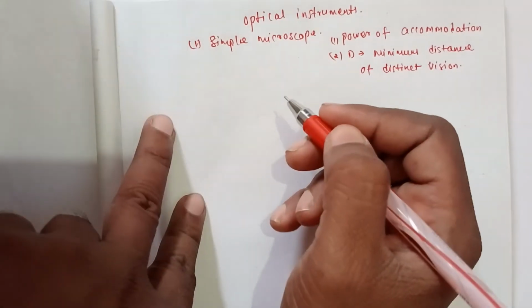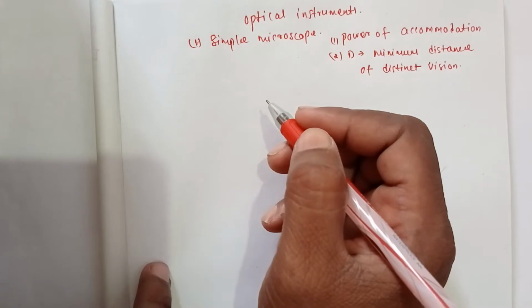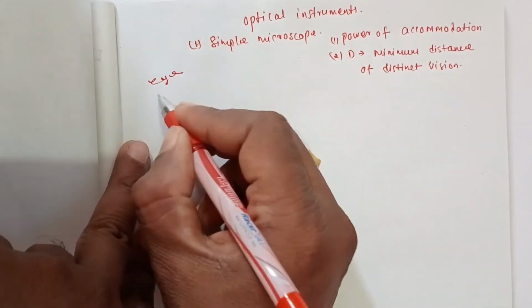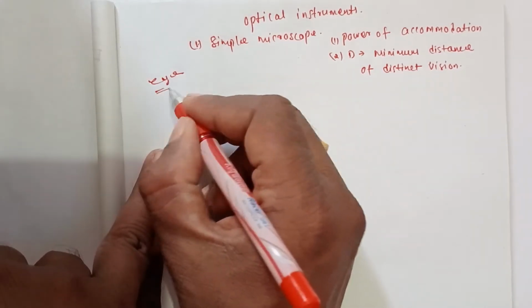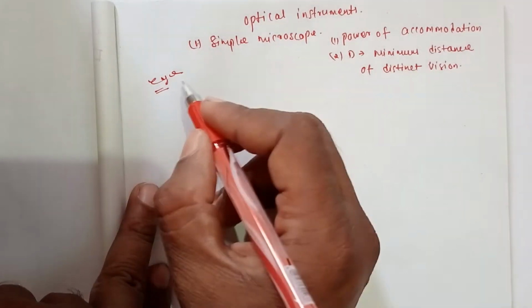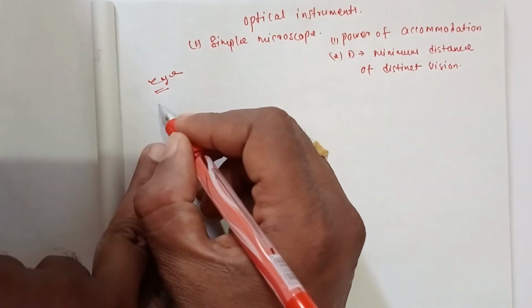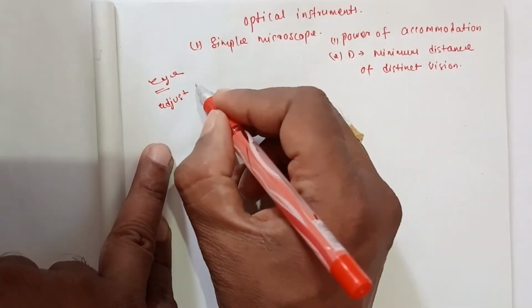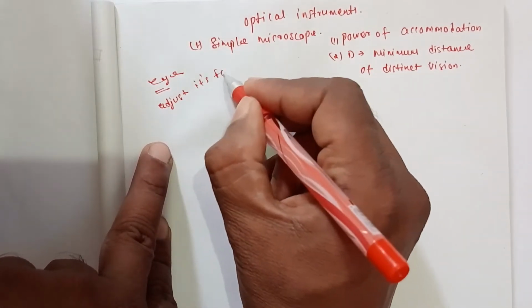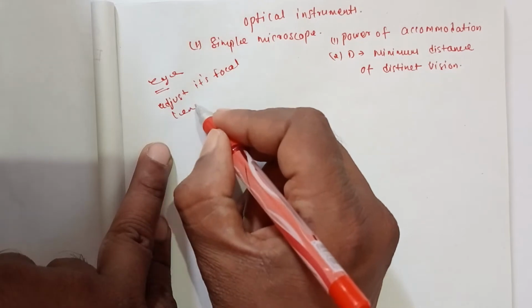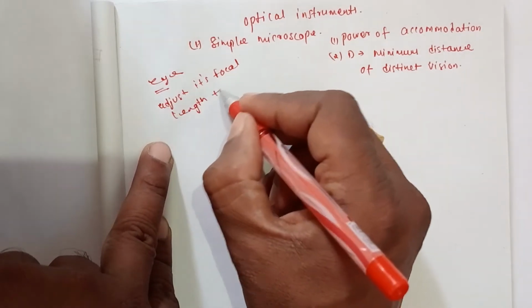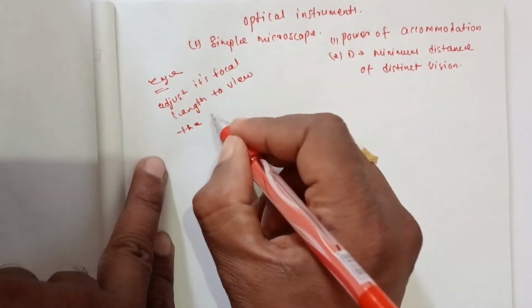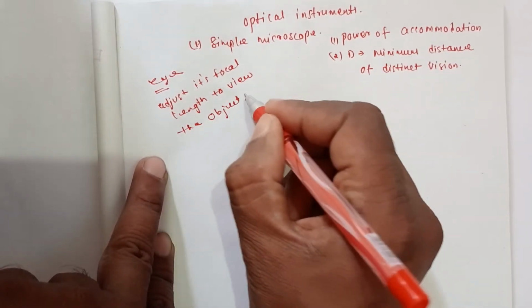So our natural optical instrument like the eye adjusts its focal length to view the object.